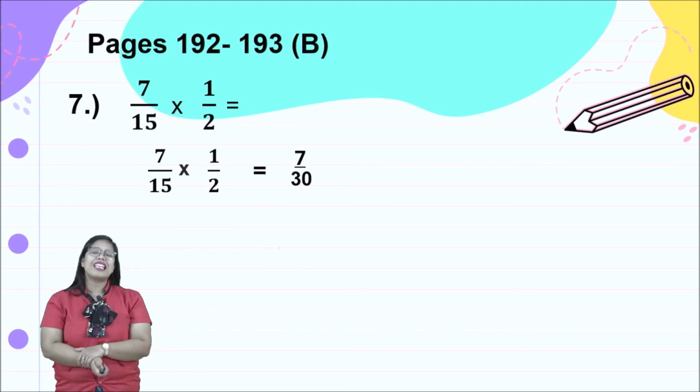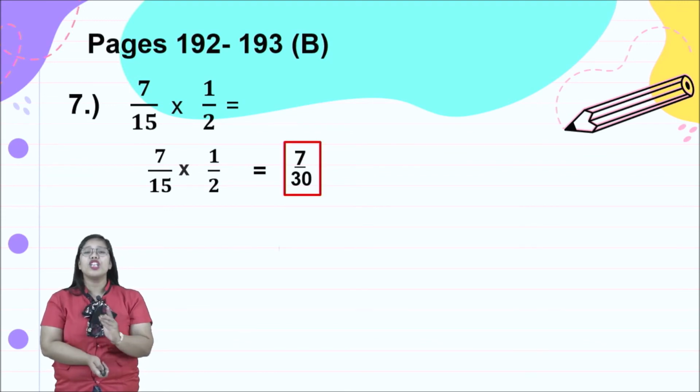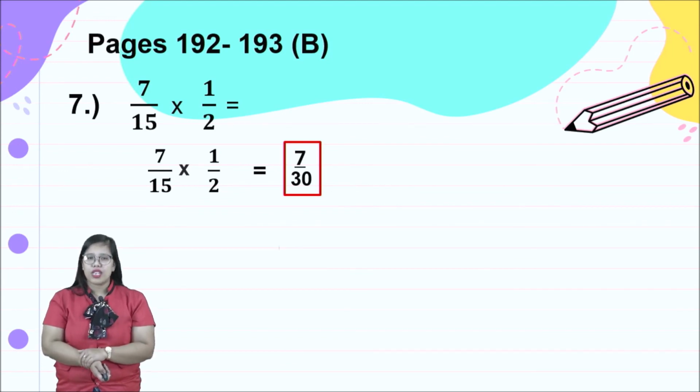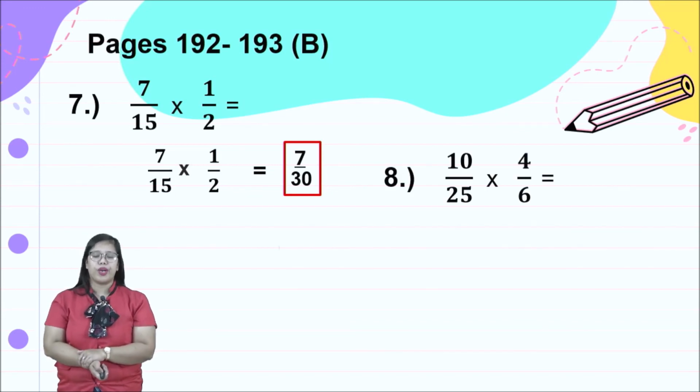So our final answer for number 7 is 7 over 30. Again, we need to multiply the numerator, and then we need to multiply the denominator to get the answer. So as you can see on number 7, their answer is in lowest term. So let's proceed with number 8.